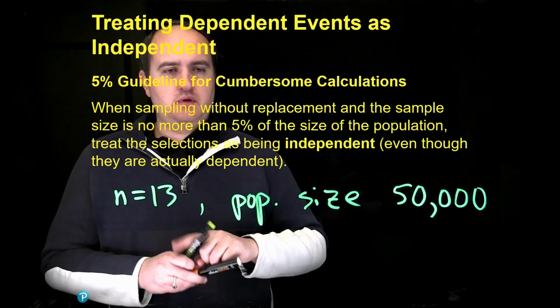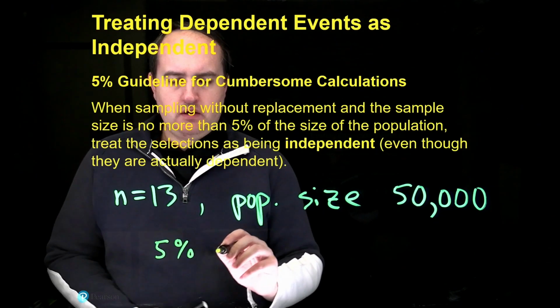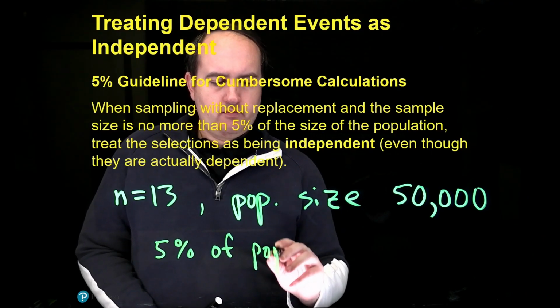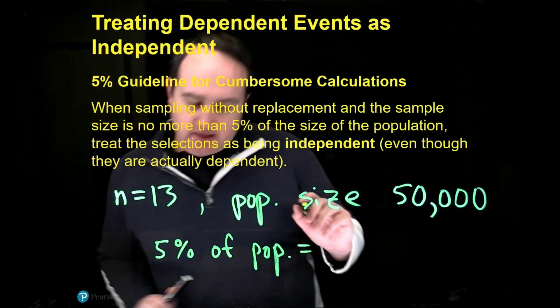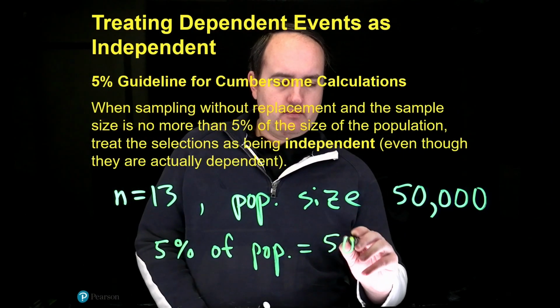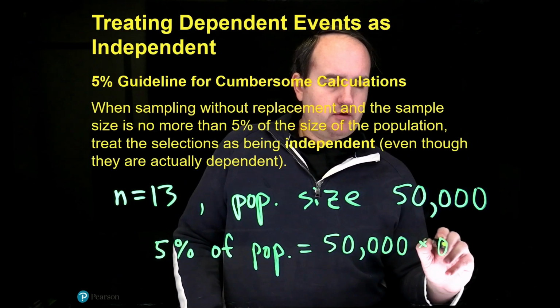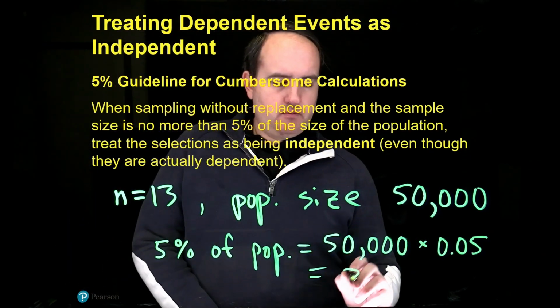Okay, so in other words, 5% of the population would be 50,000 times 0.05. And that's 2,500.